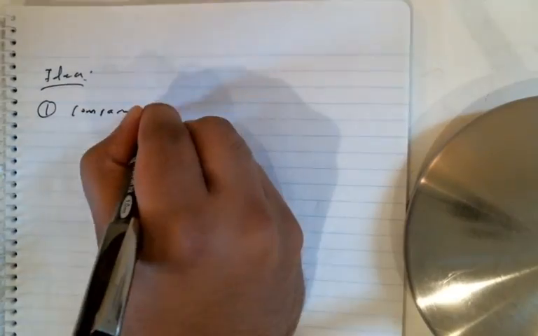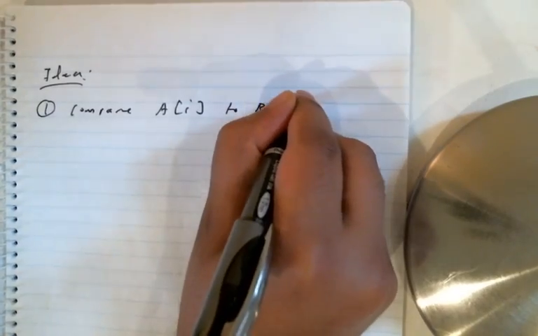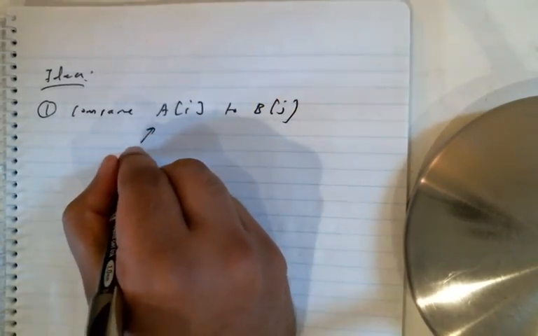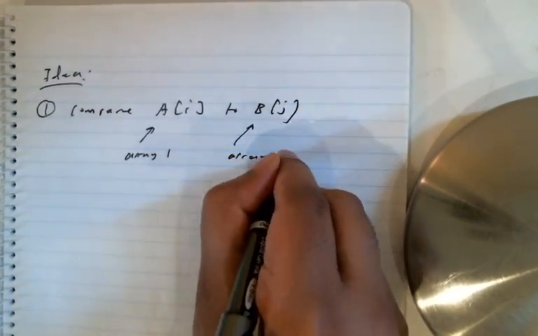We first, let me get a new page. The idea is we first compare A_i to B_j, where this is like array 1, array 2, right?